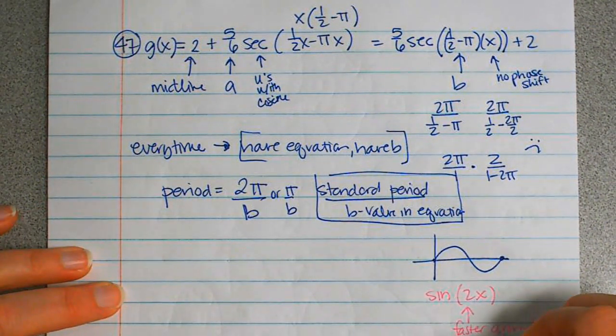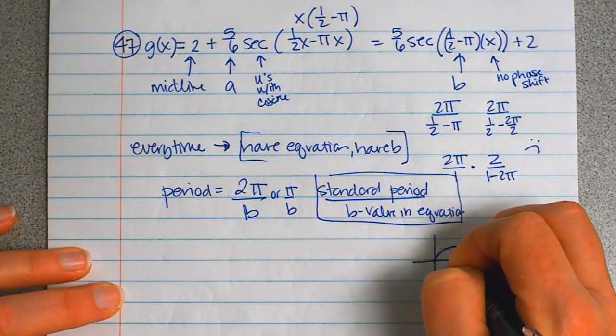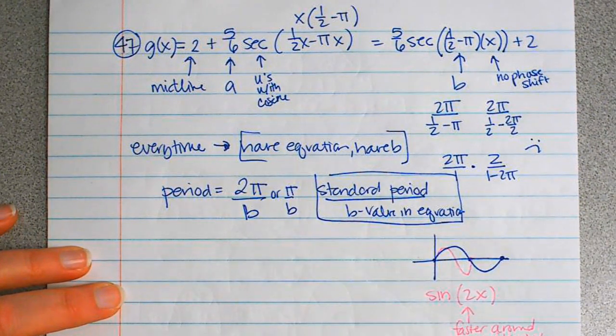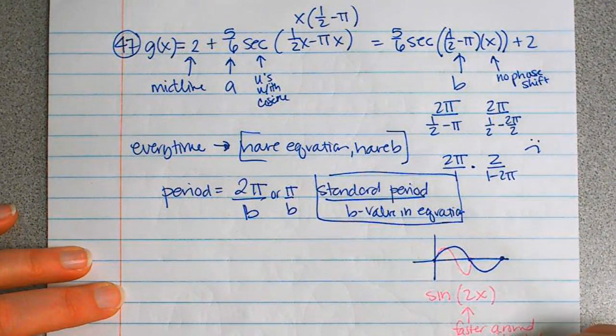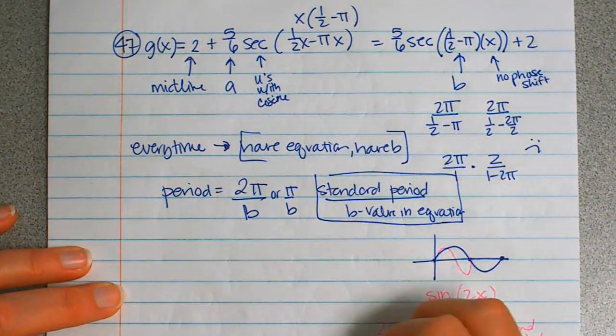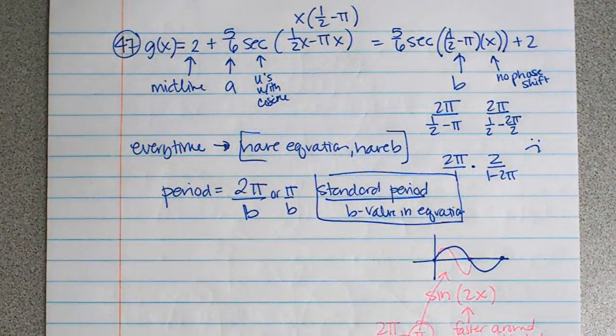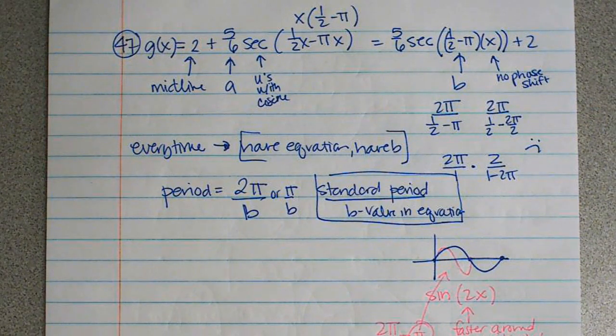That means you get a whole cycle within pi. So period equals pi: 2 pi divided by 2 equals pi. The number in the front tells you how fast you're going around the unit circle.